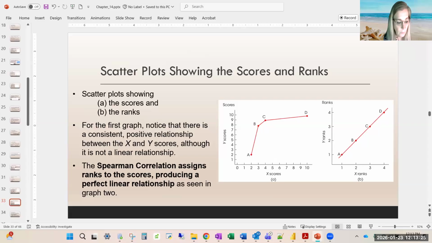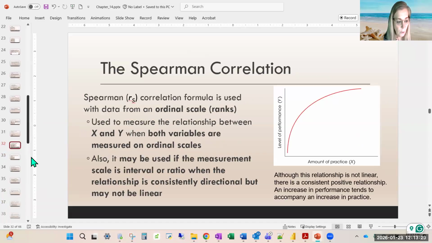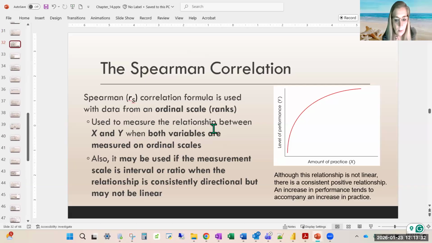So if we're looking, oopsie, let's go back. All right, so if we're looking at the Spearman correlation, the Spearman formula is used with data that has ordinal scales or ranks. Remember, it's data that is not really numerical, but it does have an order to it, right? And it's used to measure the relationship between X and Y when both variables are measured on ordinal scales.